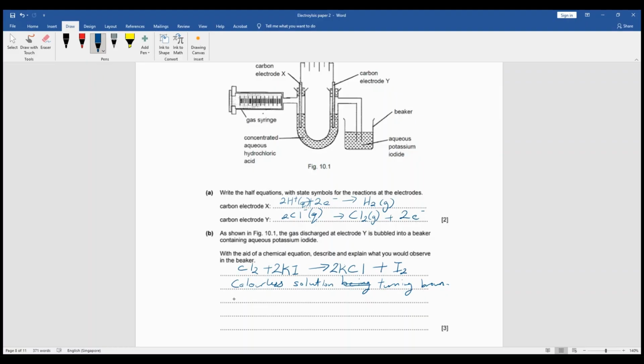The reason is chlorine is more reactive than iodine. This is a keyword, we keep using the same keyword. Chlorine displaces iodine from KI, or your potassium iodide. Please write the full name if you can.